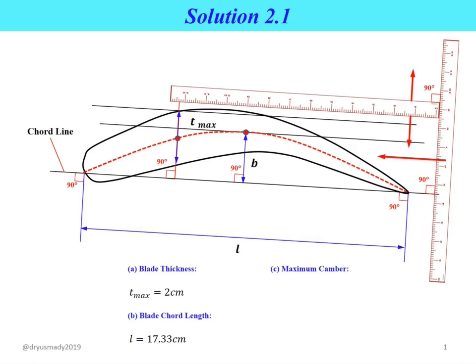So you will get the value of B, which is referred to as the maximum camber, and the value will be 2.65 cm. Okay, the last one, the distance from the leading edge. You need to measure from the leading edge point to the point where we measured the value of blade thickness. By using a ruler, measure the distance of A, so you will get 8.51 cm.